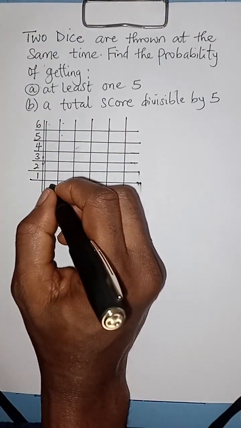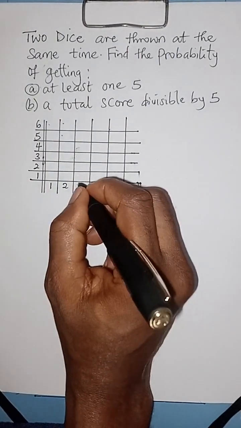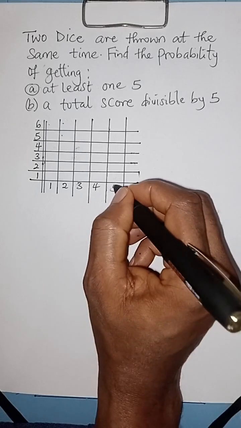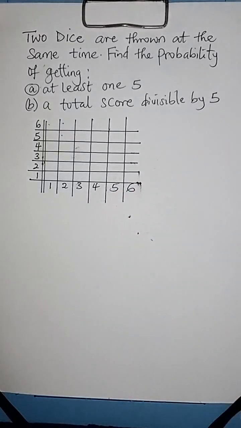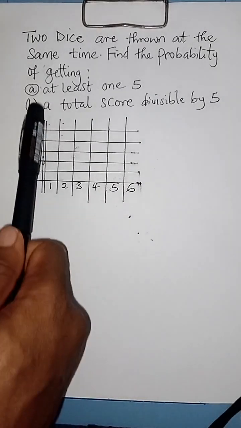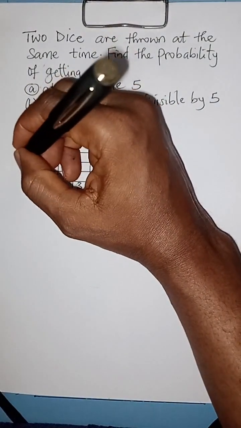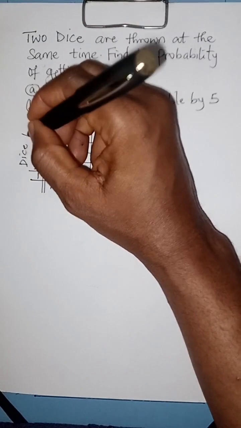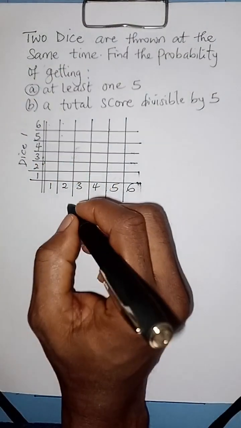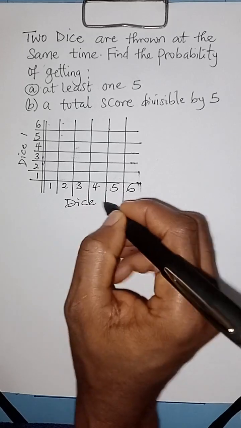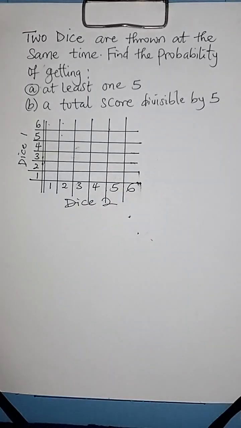And then here will be 1, 2, 3, 4, 5, 6. So this is for the first dice, you could call it dice 1. And this is for the second dice, so you can call it dice 2.